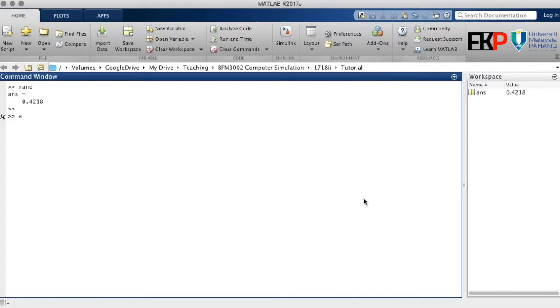We can type in A equals rand in brackets, for example 1 comma 4. This will produce a 1 by 4 array of random numbers. Each element has a value between 0 and 1.